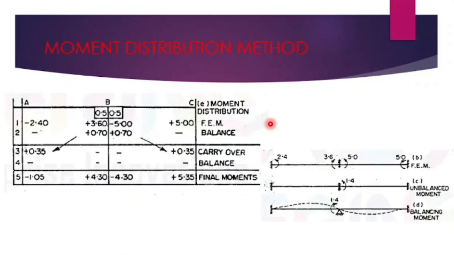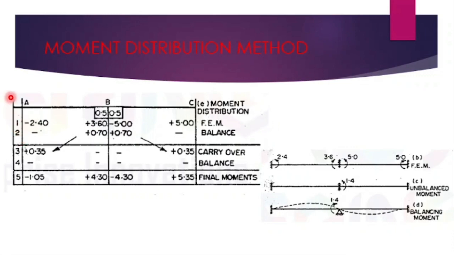The next step is moment distribution method. And you have to make a tabular column. First row is joint.